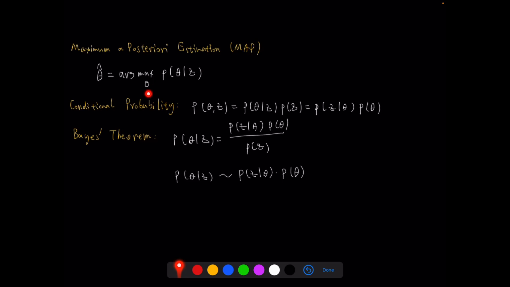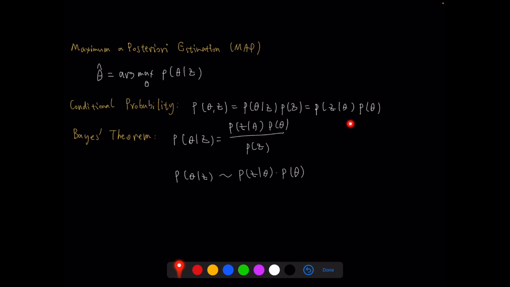So again, we want to find the best estimate to maximize this probability. For this, we have a conditional probability rule here. The joint probability is the conditional probability multiplied by its own probability. We can write it another way as the conditional probability of theta given z multiplied by p(theta).